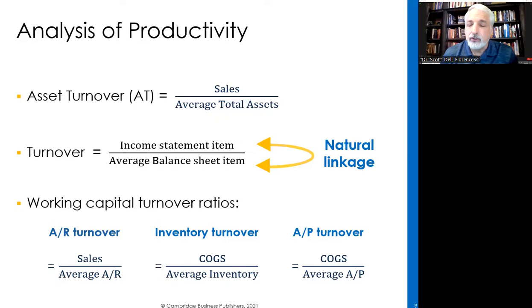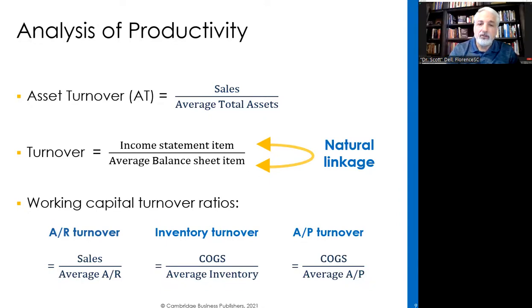So inventory turnover uses the cost of goods sold on the income statement over the average inventory, that balance sheet item. And then we have our accounts payable turnover. Again, based on our costs, what we're paying, our payables are at the cost that we incur, not at our selling price. So our cost of goods sold is also going to be in that AP turnover, where the average accounts payable is on the bottom.